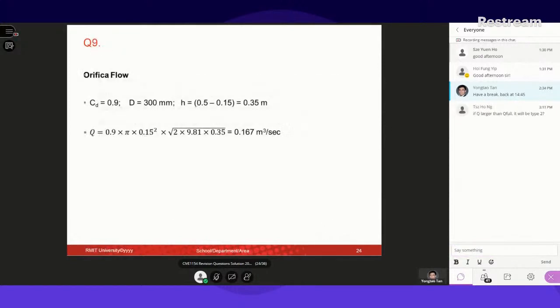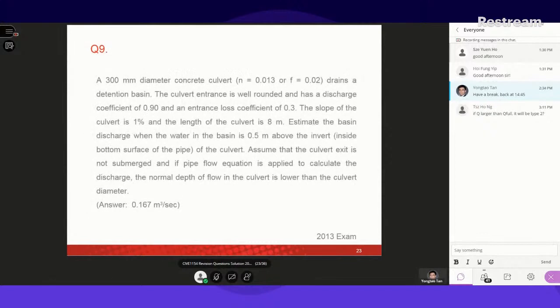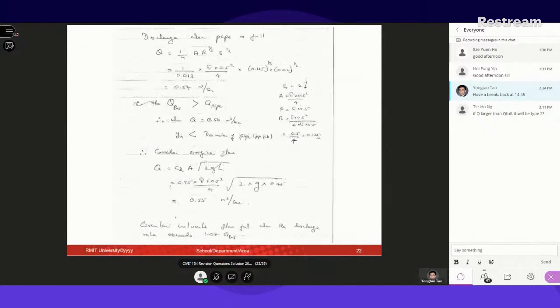Now here's another question. If the Q is larger than Q full, it is type 2. As I mentioned, you need to see whether it is a circular culvert.